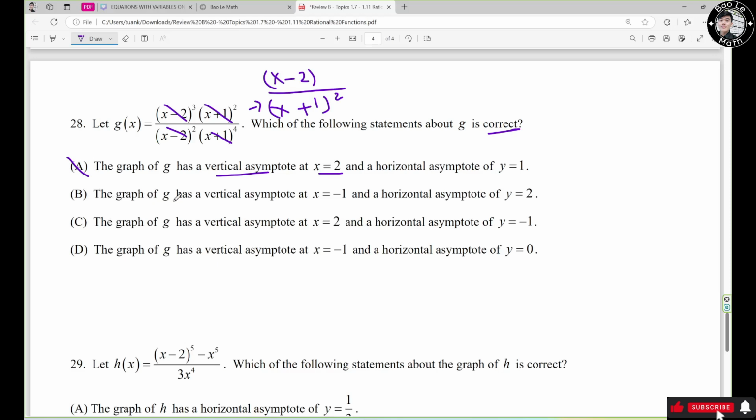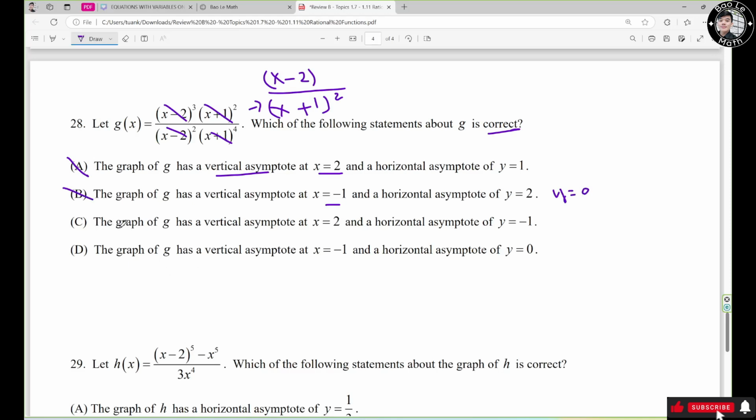Now question B, the graph of g has a vertical asymptote s equals negative 1, yes. And horizontal asymptote of y equals 2, no. Because the degree on the numerator is 1 less than the degree on the denominator, you have the horizontal asymptote y equals 0, right? So this one is wrong.